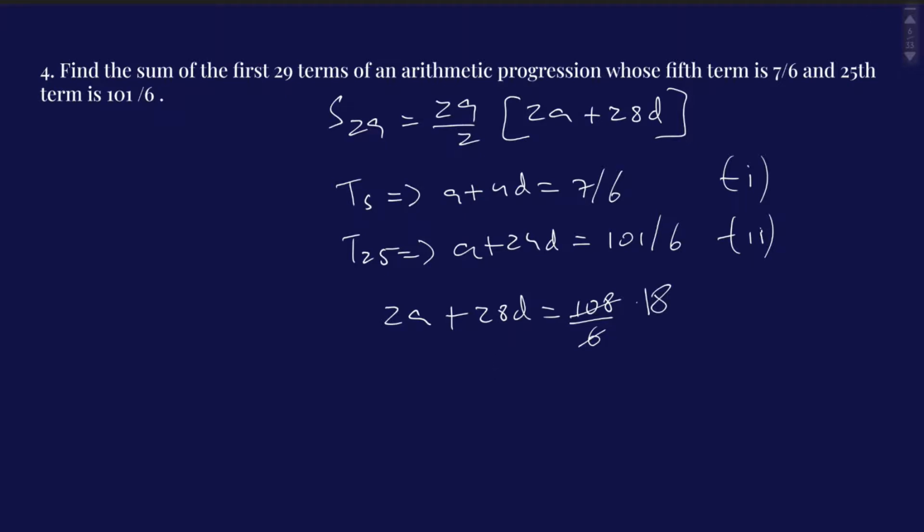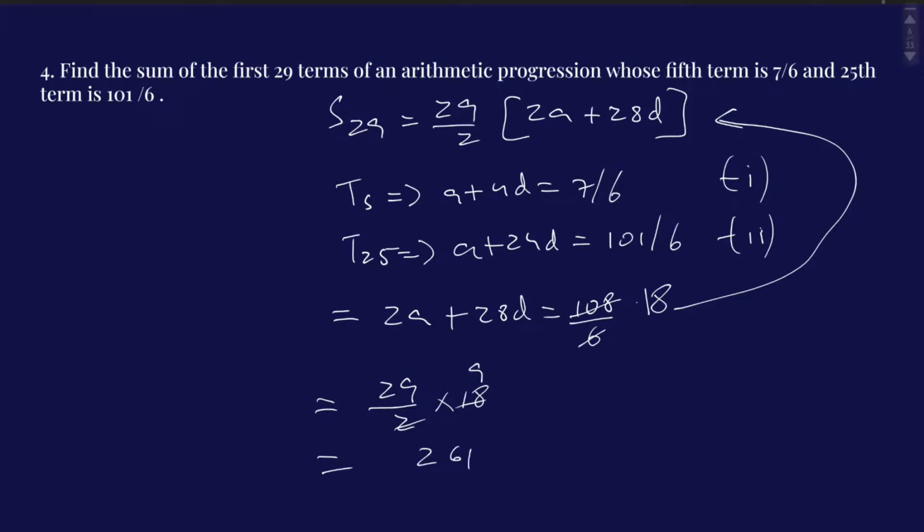Okay, so we will straight away put this into this equation. Okay, so 29 by 2 into 18. Okay, so it will get cancelled. It is going to be nothing but 29 into 9, that is 290 minus 29. Okay, so it is going to be equal to 261.